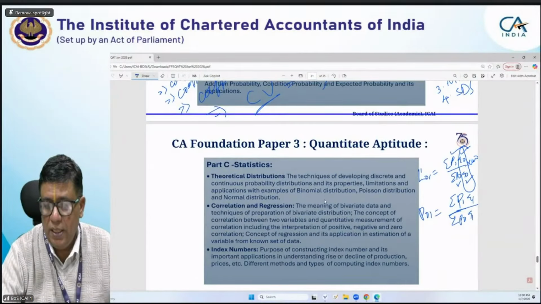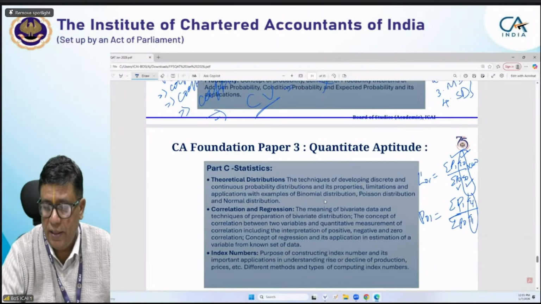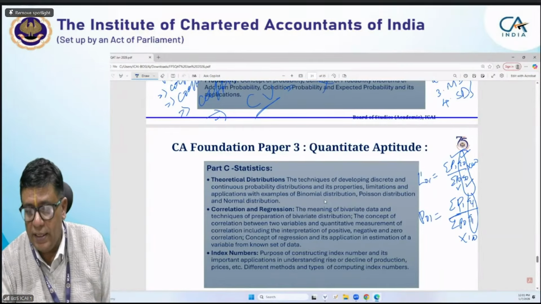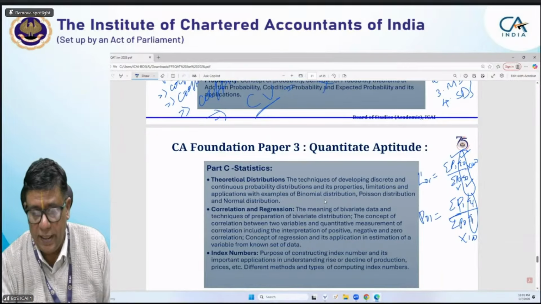That means the current year price and current year quantity over base year price and current year quantity. Just simply understand that this 100 is there in all the ways when we talk about index numbers. And these are the current year quantities as weights in the Paasche index numbers.